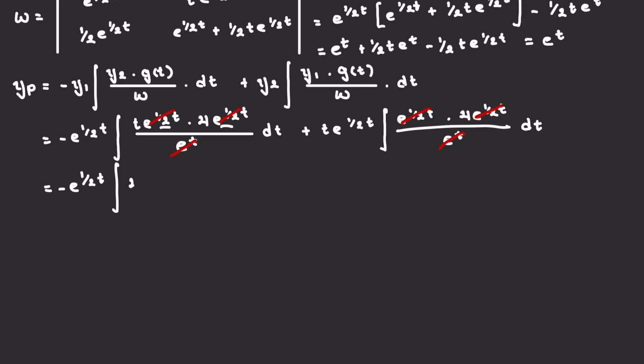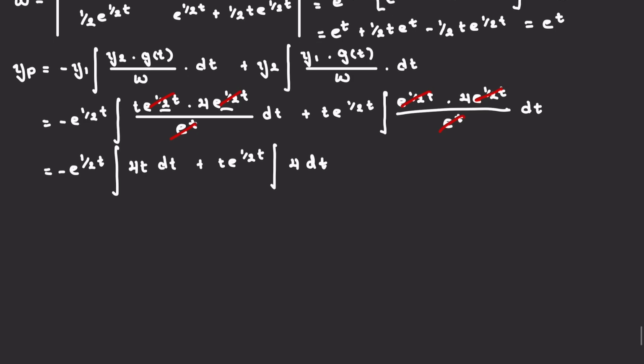And so this just leaves us with 4t plus t e to the 1 over 2t times the integral of 4 dt. Checking if we have made any mistakes, and yeah, we're not. So we continue this further.